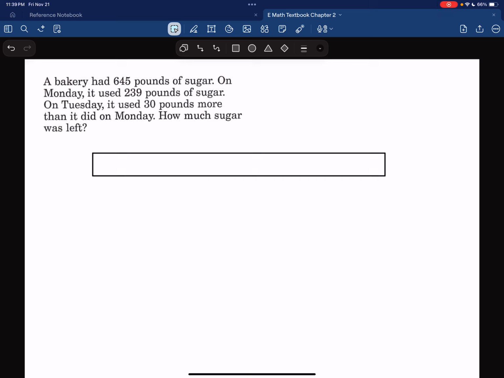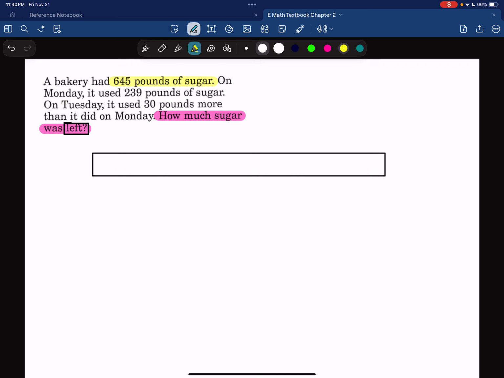Actually, I'm going to do a little bit of highlighting first. The question: how much sugar was left? And the word left tells me that I need to subtract. All right, let's find the information that we know. They had 645 pounds of sugar.